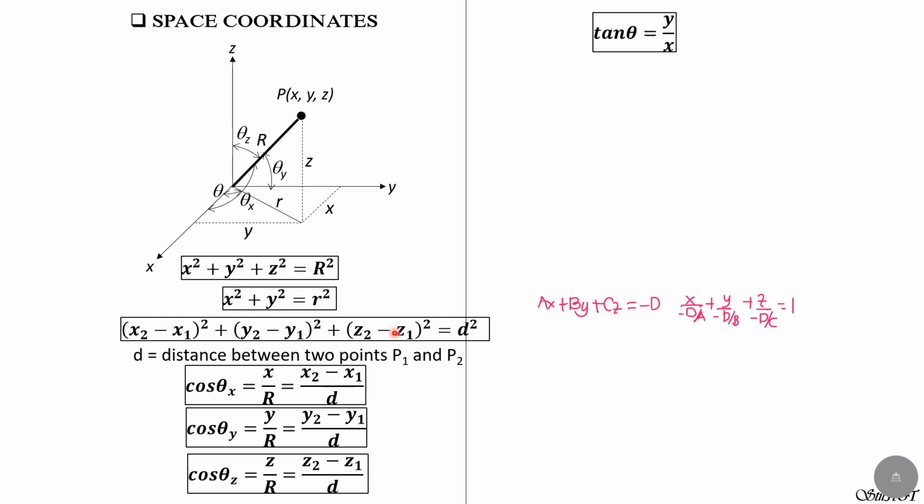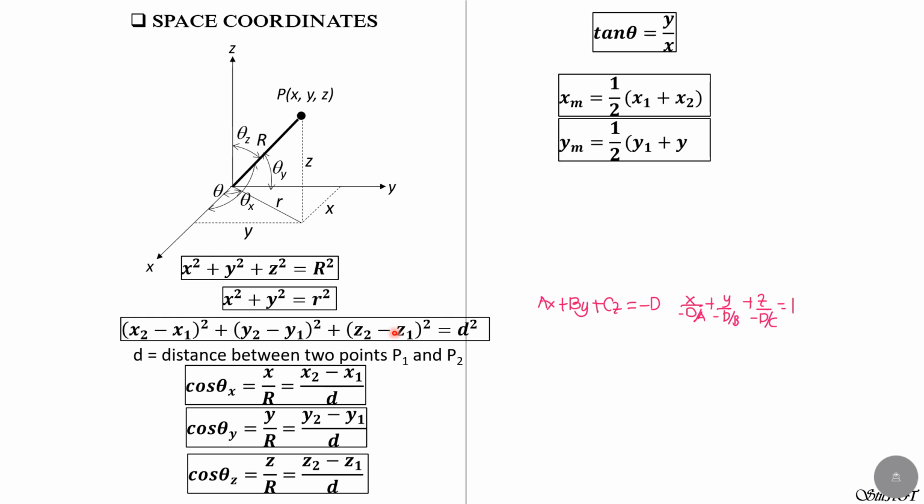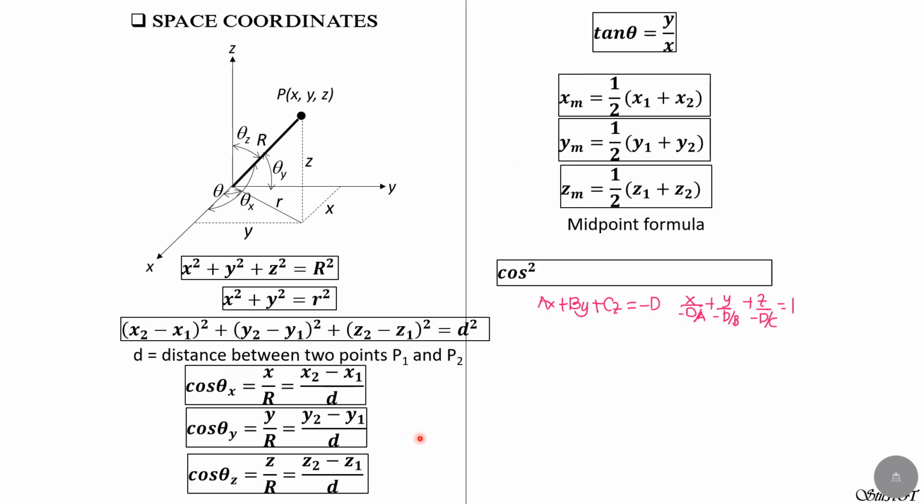The midpoint formula for points in space is the same. x sub m equals 1/2 quantity x1 plus x2, but it is extended to z. y sub m equals 1/2 of quantity y1 plus y2, and z sub m equals 1/2 quantity z1 plus z2. So that's the midpoint formula, and if you can recall, the sum of the squares of these direction cosines is equal to unity, or 1.